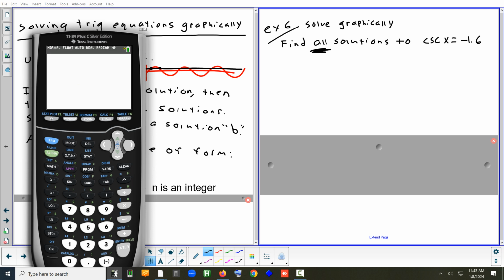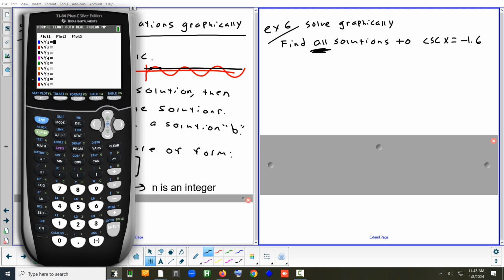So let's start with what's going to go in y1. Can somebody tell me what I'm going to put in y1 and how I would type it? One over cosine would be secant.